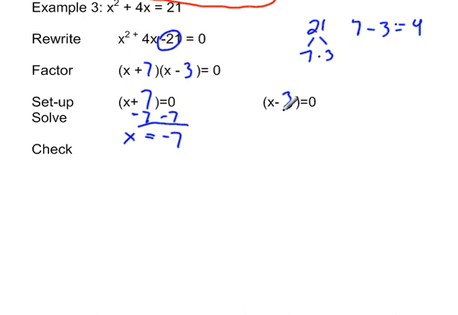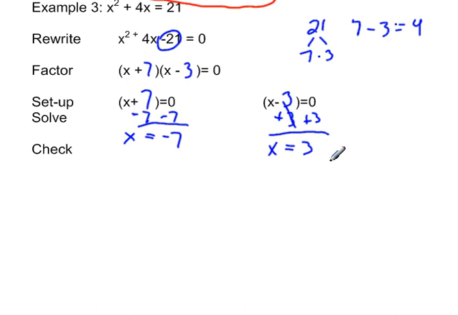Over here, what's the opposite of subtract 3? That's correct. We're going to add 3 to both sides. These cancel out. So I've got x equals 3.